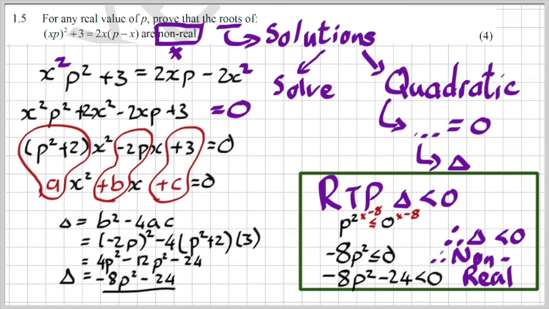So when you look at a sum like this, ladies and gents, and they're talking about roots, remember they're talking about solutions. Then you have to look, what kind of sum am I looking at? Is it a quadratic? If it is a quadratic, I can work with the discriminant and everything I know about discriminants.